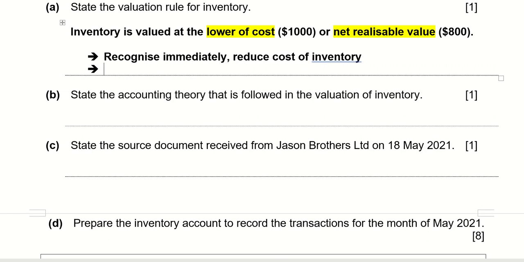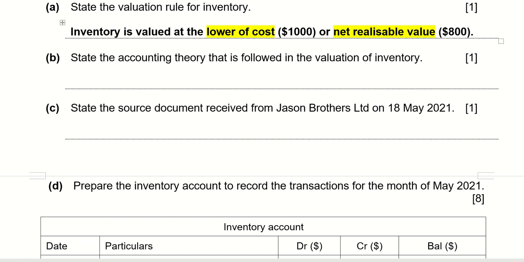All right, so that is what you are required to do. For the sake of the answer, you only need to say that inventory is valued at the lower of cost or net realizable value, whichever amount is lower.